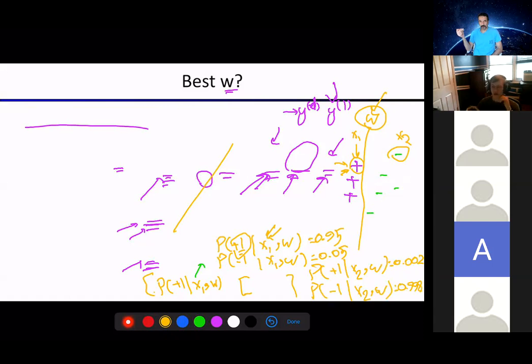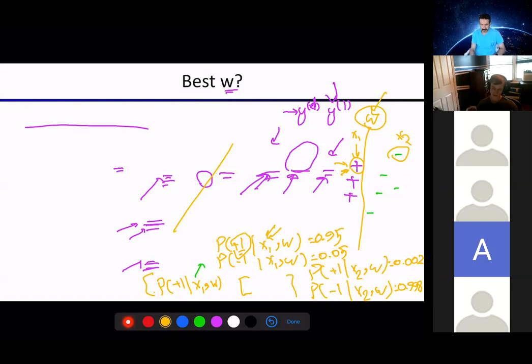I believe so. I was having trouble for a moment reading what the formula meant, but I think I get it. Yeah, so basically it's very simple. We have two probability distributions showing the conditional probability given the weights for this particular example.